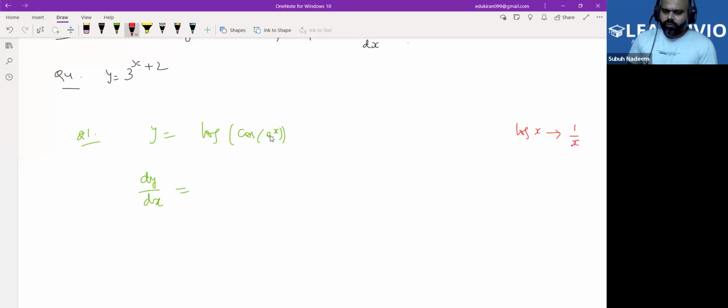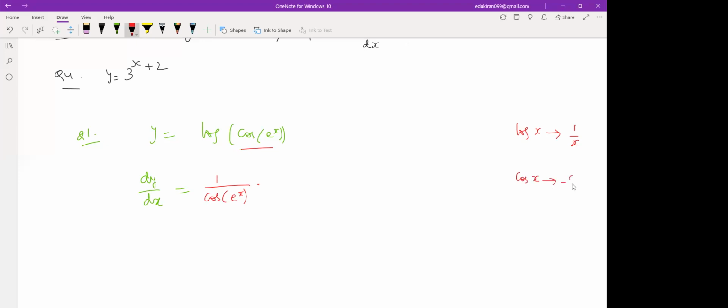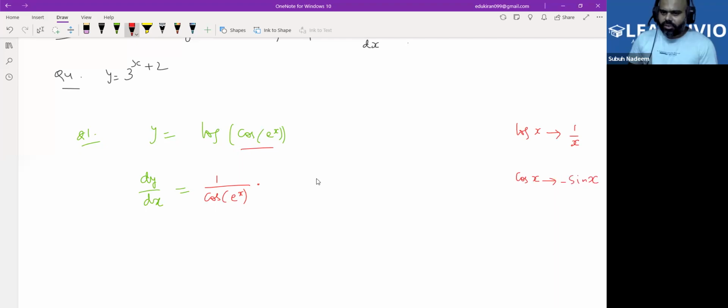So here it is log of cos e to the power x, so we'll get 1 by cos e to the power x. Now we move on to the inside function, cos e to the power x. Whenever we differentiate cos x, what do we get? Minus sin x. So here we'll write minus sin e to the power x.